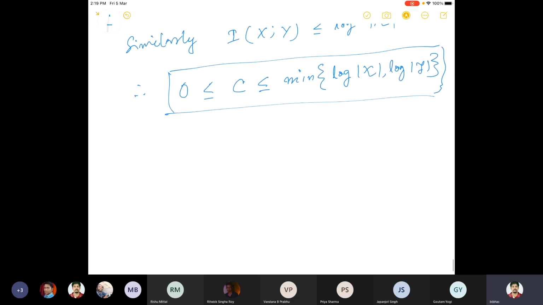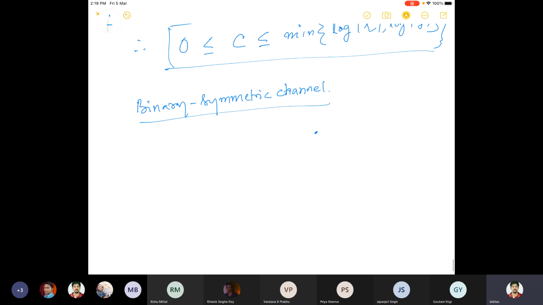Now we will be calculating the channel capacity of some channels. Let us first consider the binary symmetric channel, and we know what it is. We have 0 and 1 here, the source letters, and 0 and 1 here.